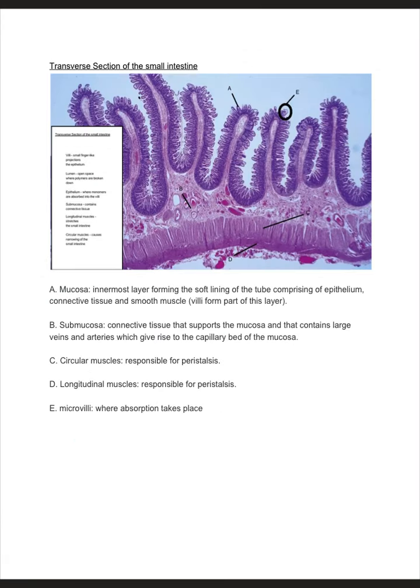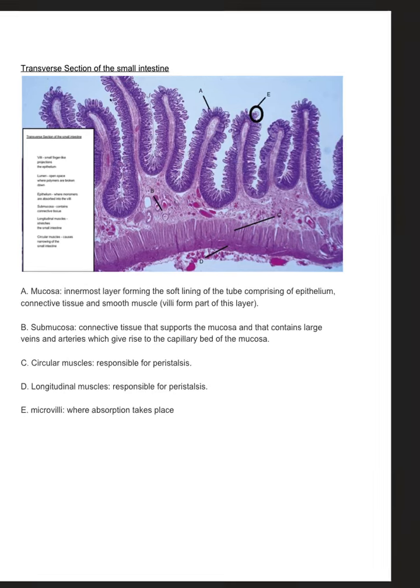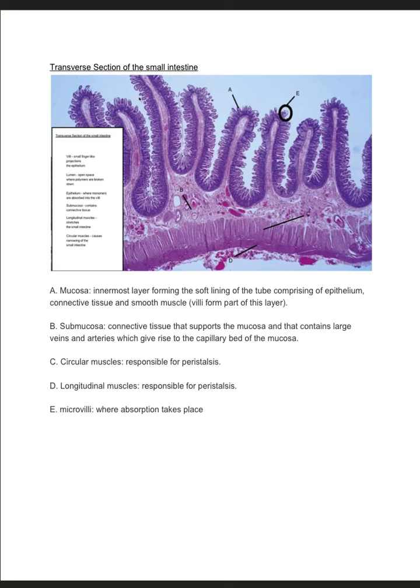This is going to focus on the small intestine. The small intestine itself is about 6 meters long or so. What we're looking at here under a microscope is what we call a transverse section.